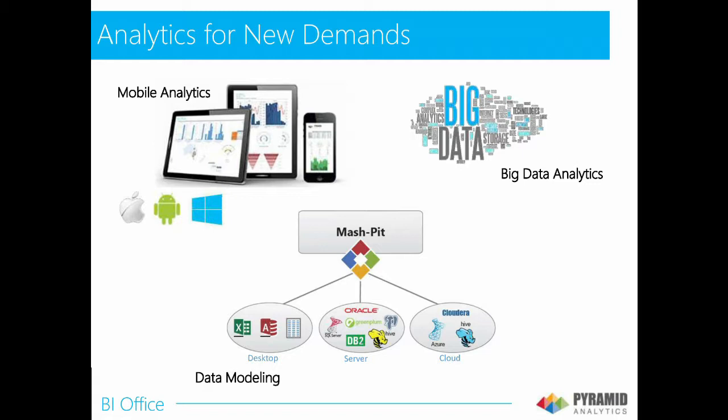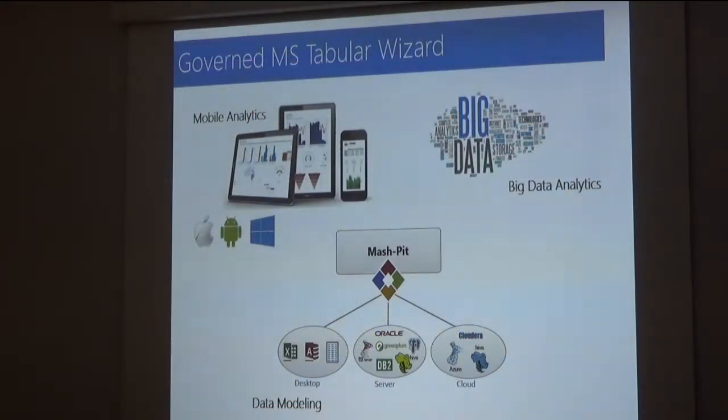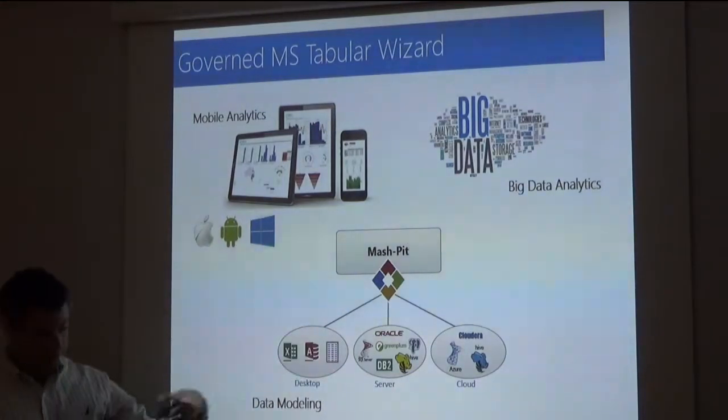And we did something which we call Mashpit. It's a wizard that helps you to create tabular models very quickly in a few clicks. So even someone like me that doesn't know MDX or DAX or Visual Studio to write code can do something very easily. And we have already connectors for these, and we are adding more and more through time.